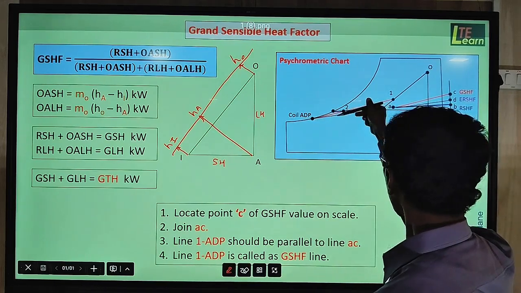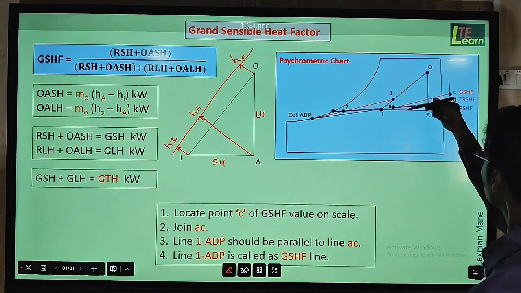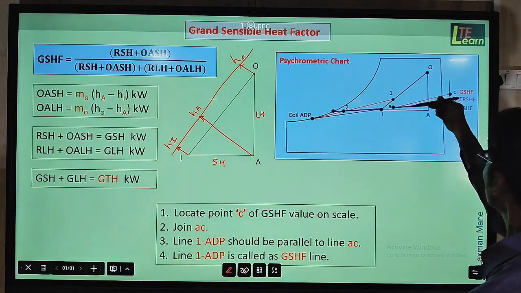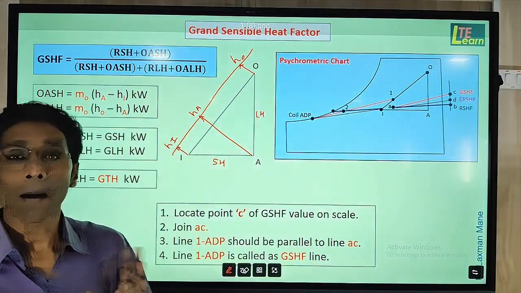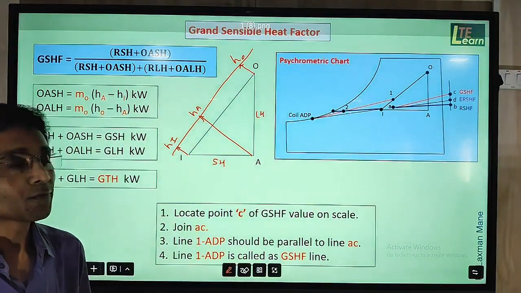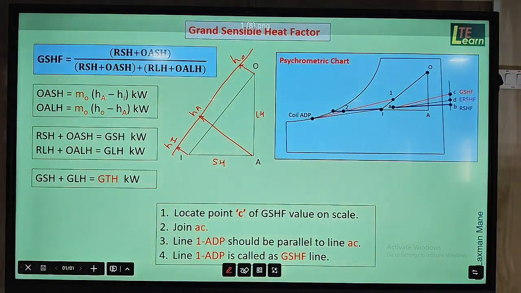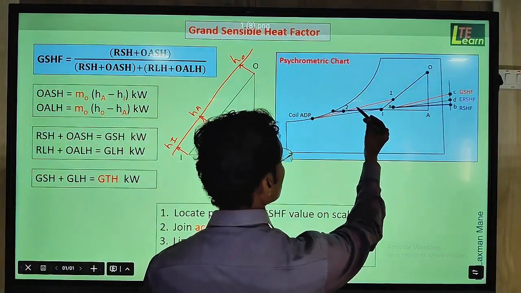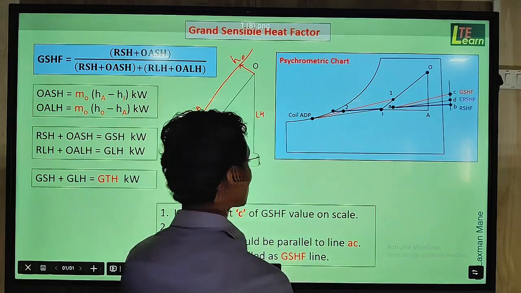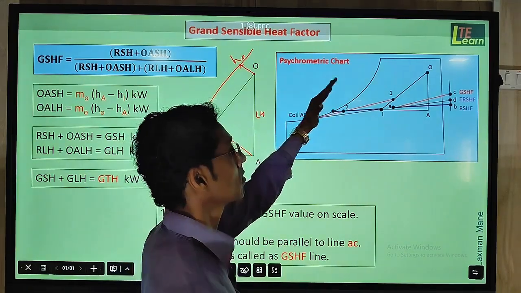Now this red color line and this grand sensible heat factor AC line, these two lines should be parallel to each other. Then we can say the procedure we have followed is correct. Thus this 1 to ADP line, the red color line, is called the grand sensible heat factor line on the chart.